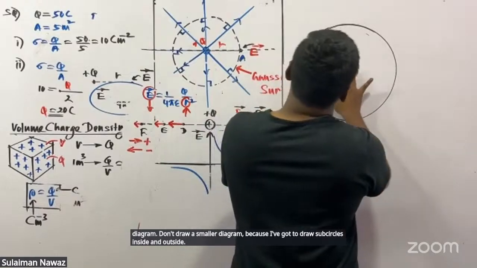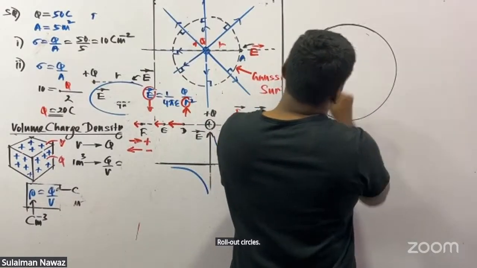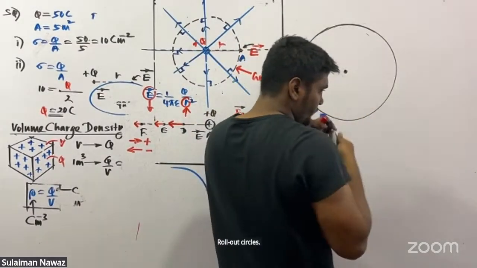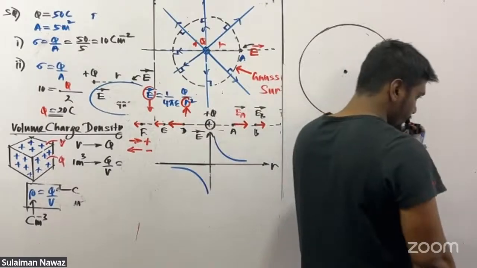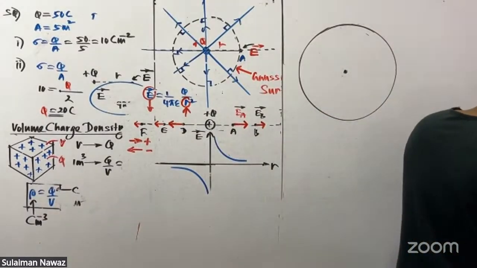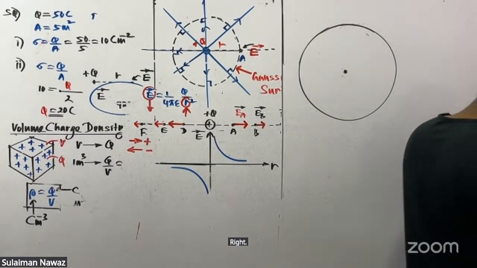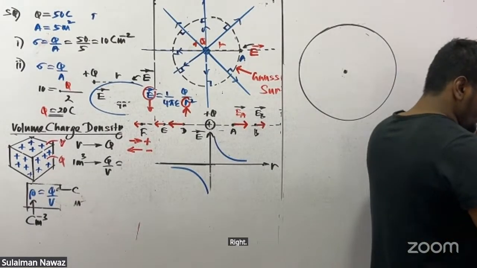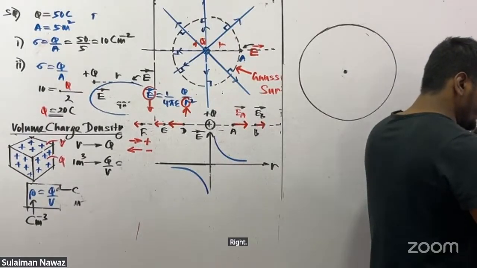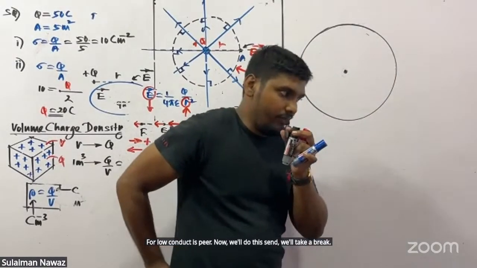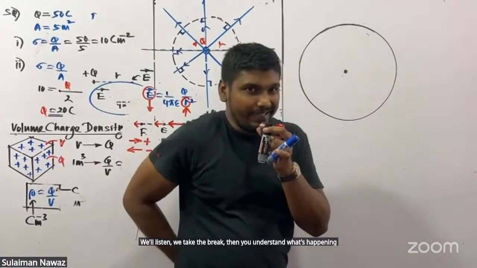Draw a large circle for the hollow conductive sphere. We'll do this and then take a break, so that you understand what's happening here.